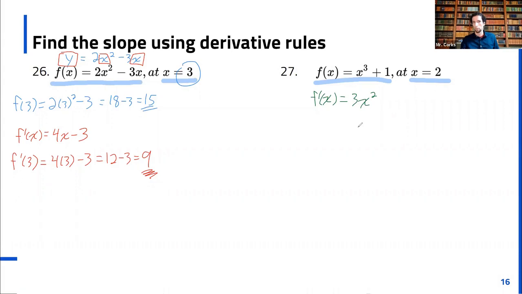Okay, so f prime of 2 is equal to 3 times 2 squared, which is 3 times 4, which is 12. So for this function, x cubed plus 1, when x is equal to 2, then our slope is exactly 12.